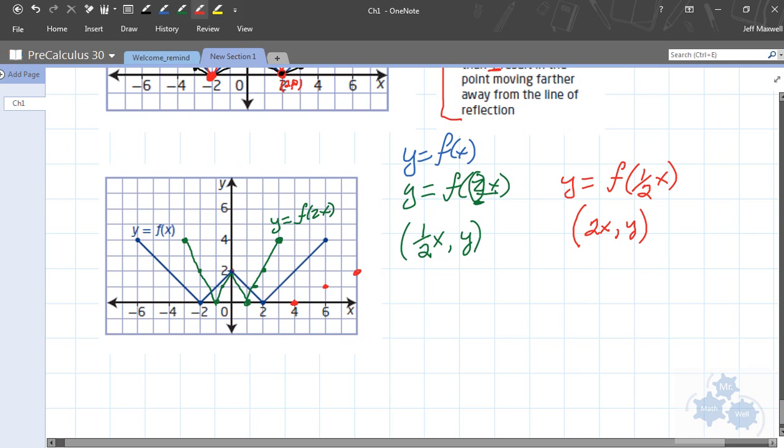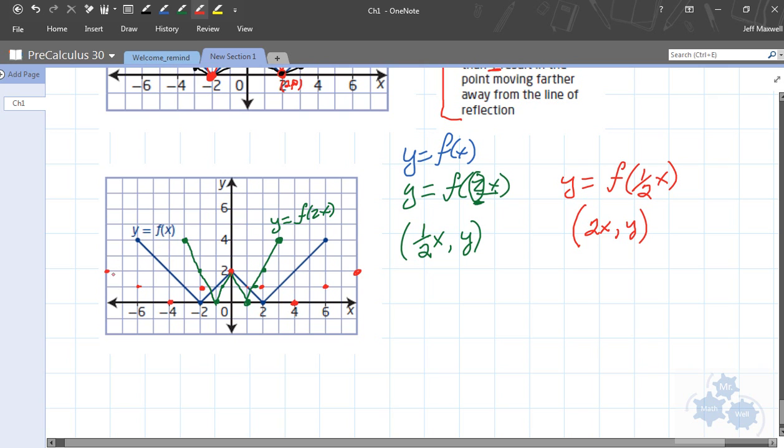So x equals 0 times 2 is still 0, so that's why these are invariant points here in the middle. But 1 becomes 2, and so on. So we'll complete some of these here: 2 to 4, 3 to 6, and so on.